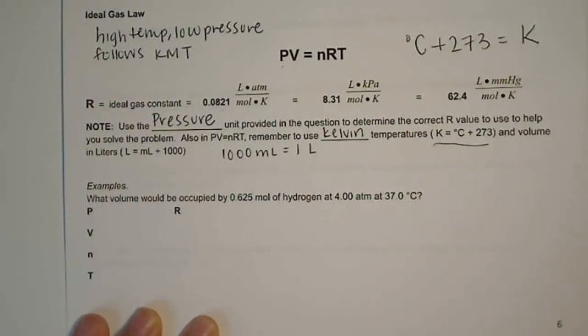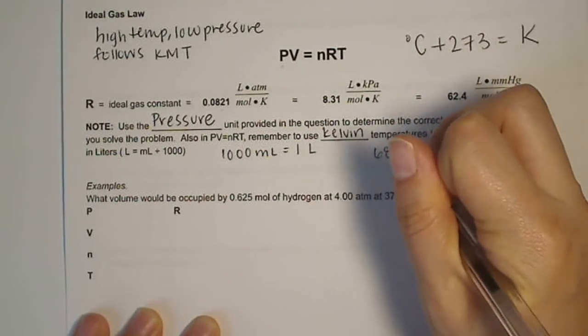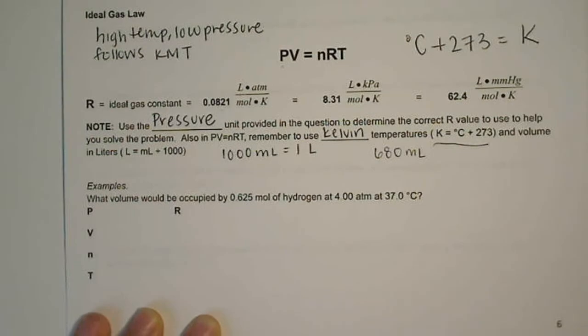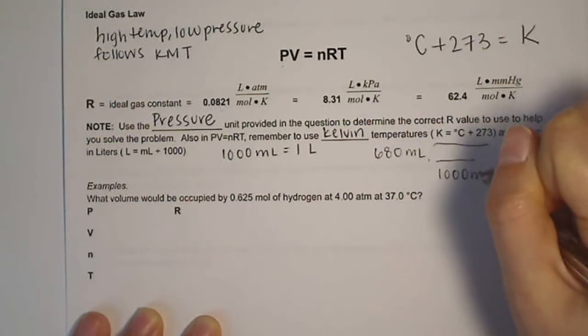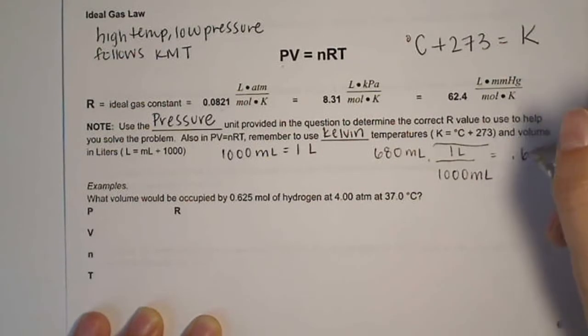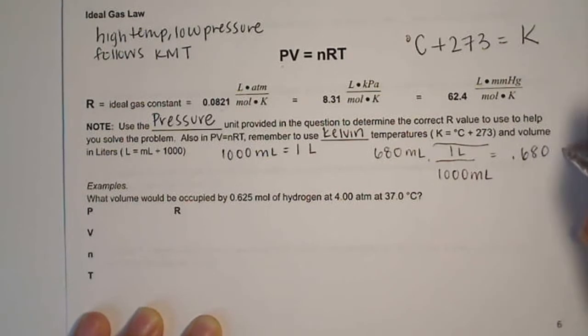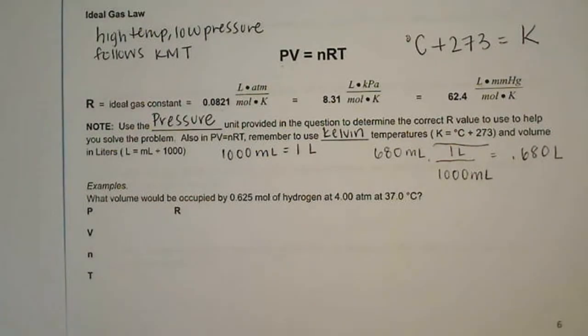Say, for example, I have something that's 680 milliliters and I need to get it to liters. There's 1,000 milliliters in 1 liter, so if you divide by 1,000 or just move the decimal 3 places to the left, you're going to get your answer in liters.